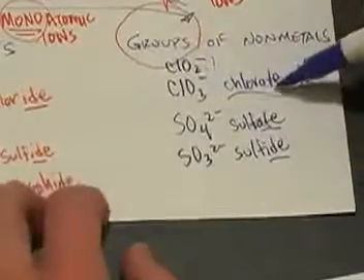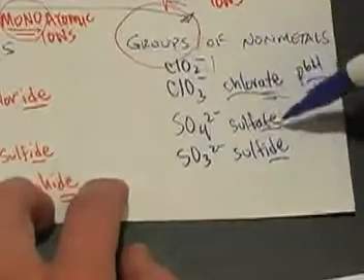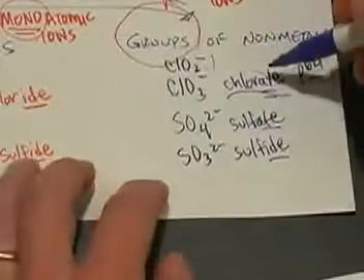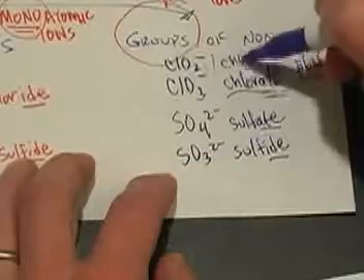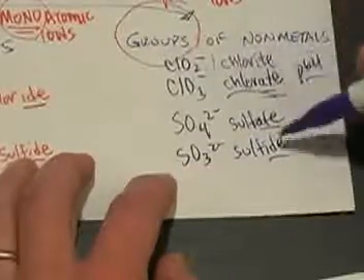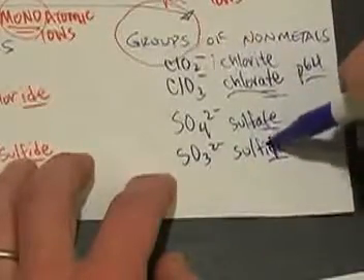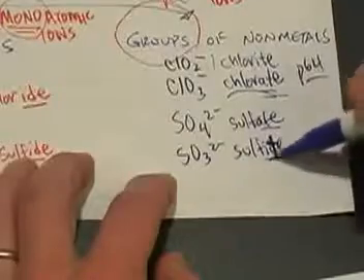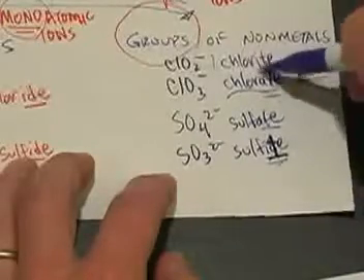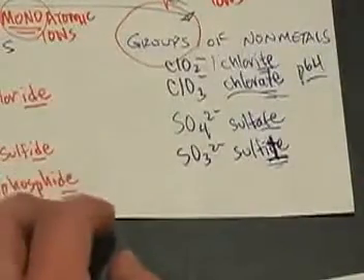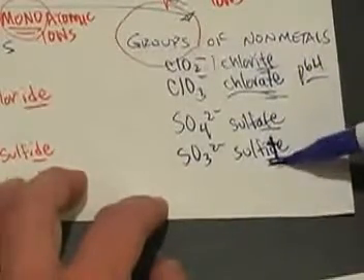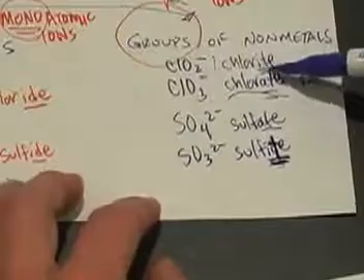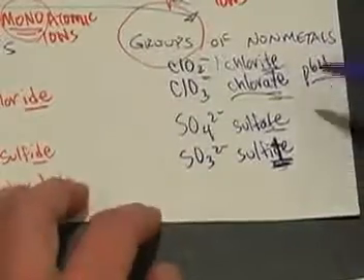Well, ClO3 is called chlorate. Remember, if it has one less oxygen, it would have the -ite ending, and so you would call it chlorite. I'm sorry, I meant sulfite right here. Sulfite has the -ite ending, and this would be chlorite right here. So if it has one less oxygen, it has the -ite ending; if it has one more oxygen, it has the -ate ending.